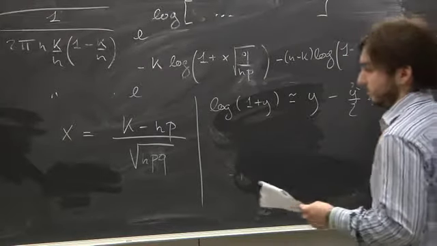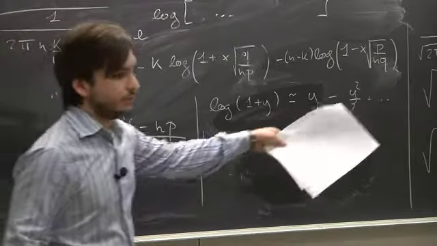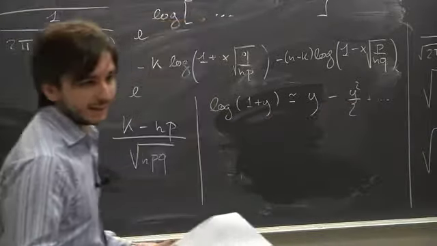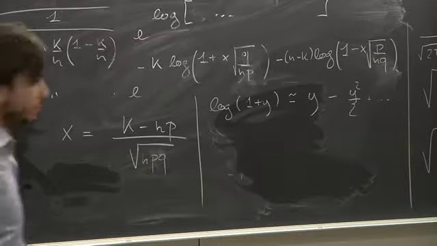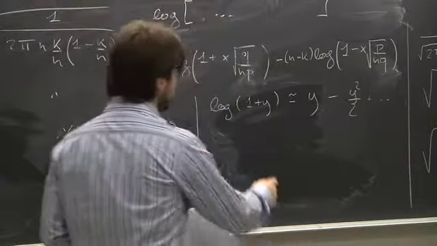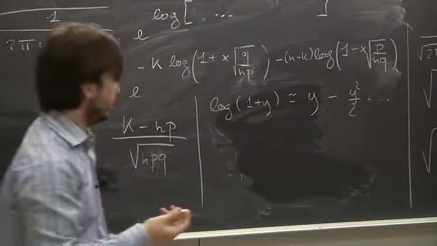Then you have other terms of order y to the third, to the fourth, but we're going to neglect them, right? We're stopping the expansion at the second order because this quantity is small, as I told you.